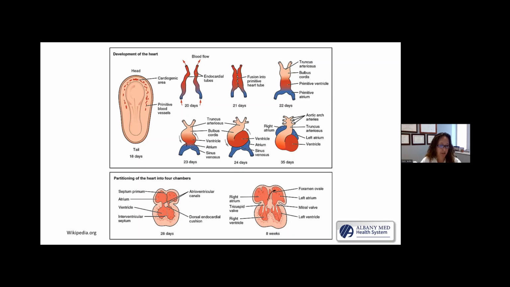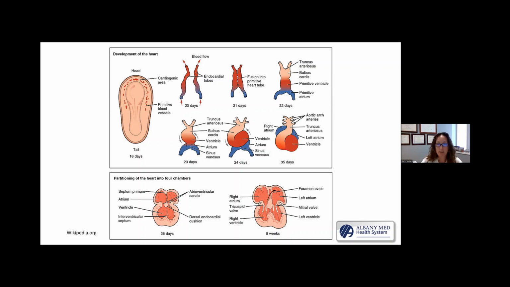The truncus arteriosus then splits into the ascending aorta and the pulmonary trunk, and the bulbus cordis forms part of the ventricles. The sinus venosus then connects to the fetal circulation, and the heart tube elongates to the right side, looping and becoming the first visual sign of left-right asymmetry. The septa then also form within the atria and ventricles to separate the left and right sides of the heart.